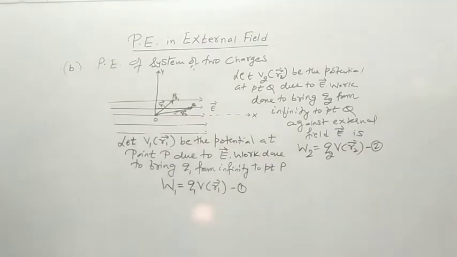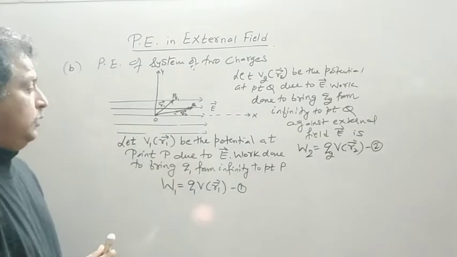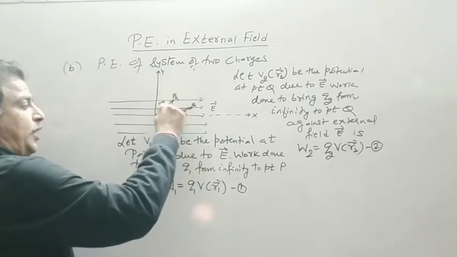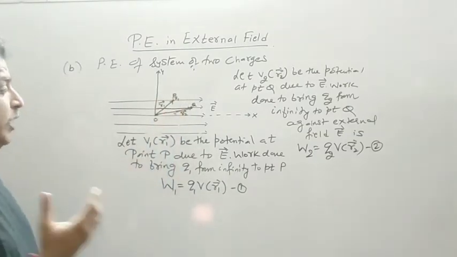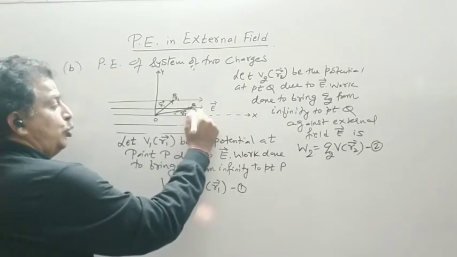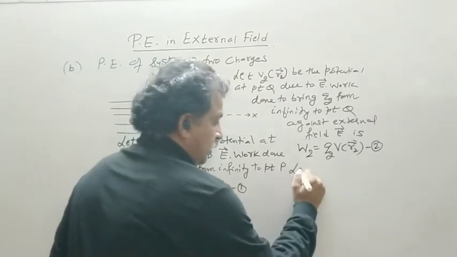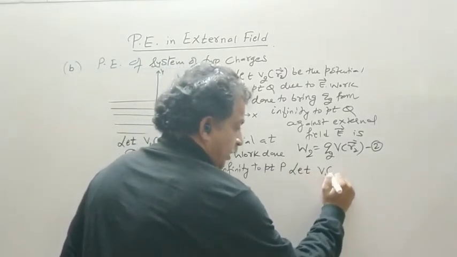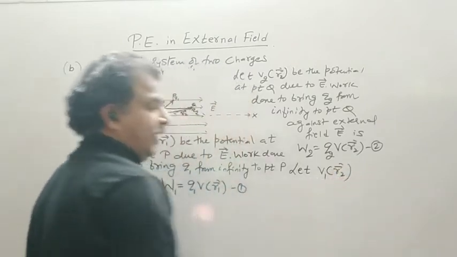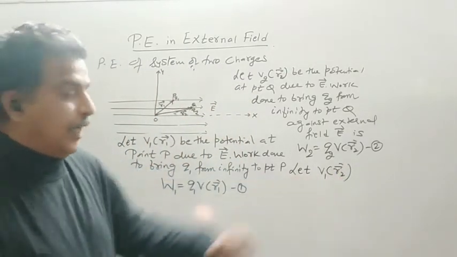Now yesterday we have seen that this Q1 also creates an electric field around it. So work should also be done when we bring Q2 against Q1. So let V1(R2), it will be read as potential due to Q1 at R2.